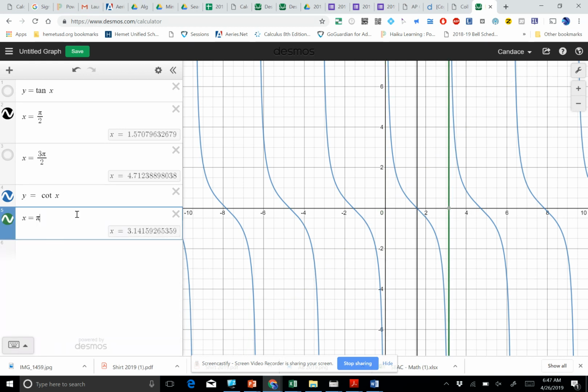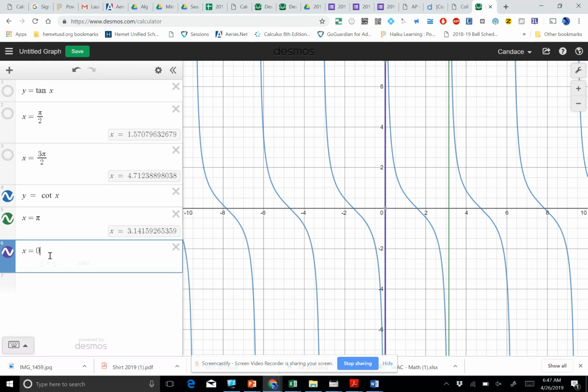Because of that shift, x equals 0, there we go. So 0 and pi is where cotangent's asymptotes are. So it's the asymptotes where you can really tell the difference between tangent and cotangent.